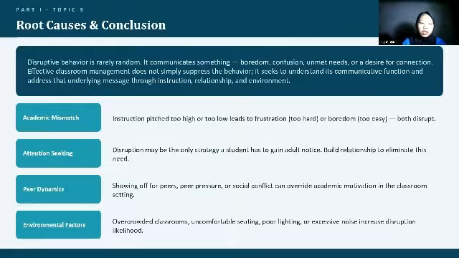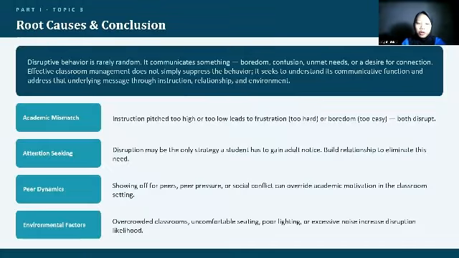Academic mismatch. Instruction pitched too high or too low leads to frustration, too hard, or boredom, too easy, and both disrupt. Attention seeking. Disruption may be the only strategy a student has to gain adult notice; build relationship to eliminate this need. Peer dynamics.